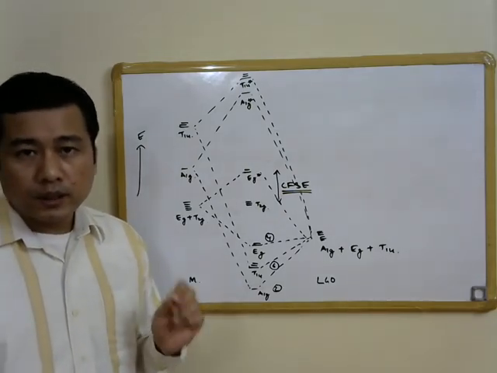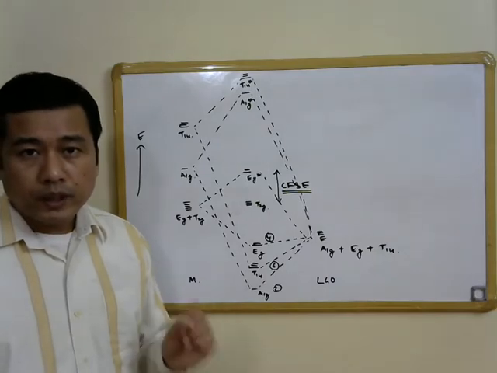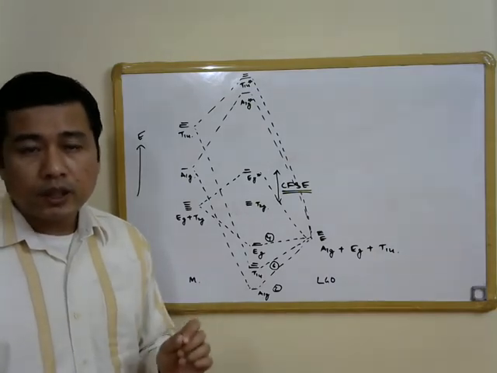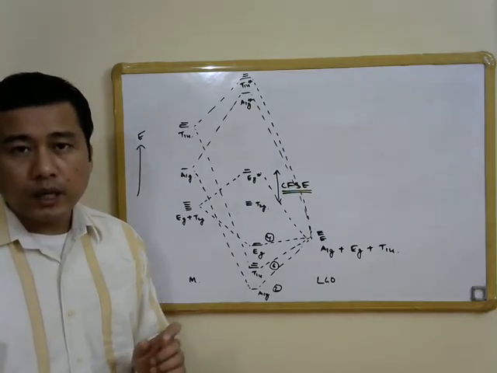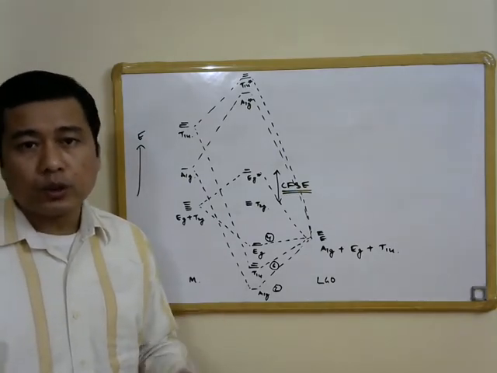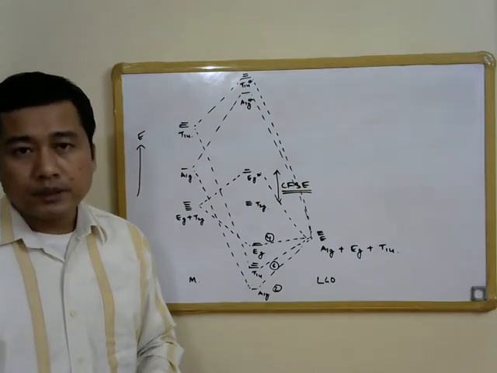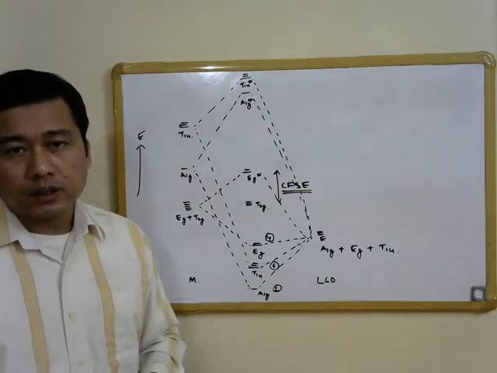Apart from that, if we take one s orbital and three d orbitals, that is the xy, xz, and yz orbitals, and combine these to form sd3 hybrid orbitals, that is also going to give us a tetrahedral geometry.